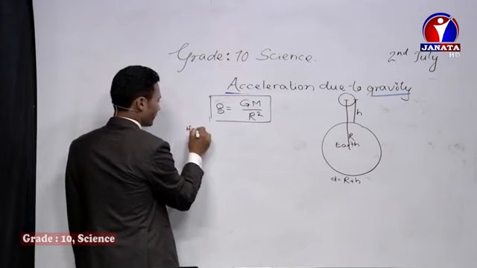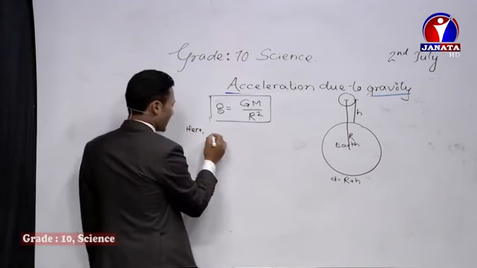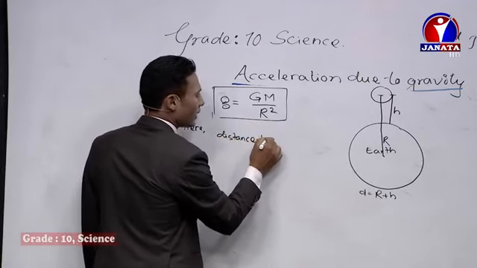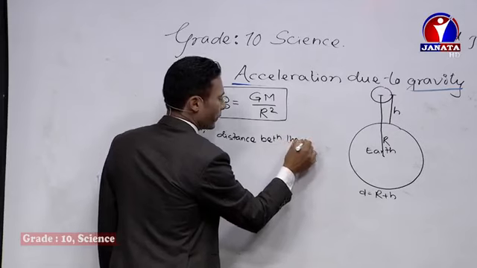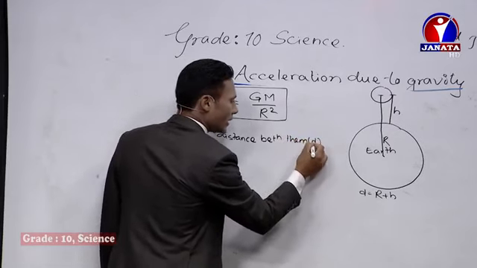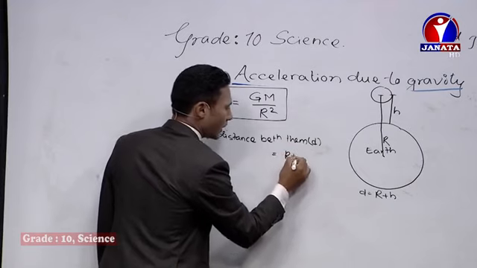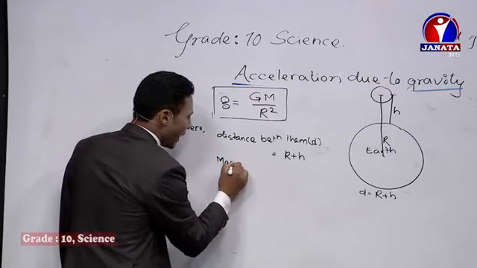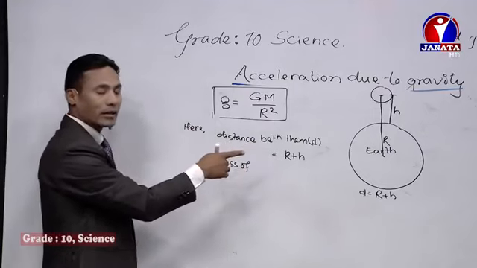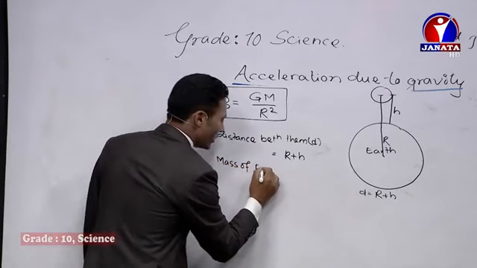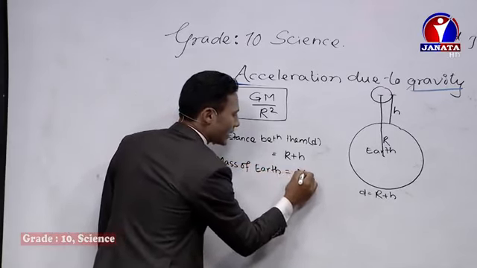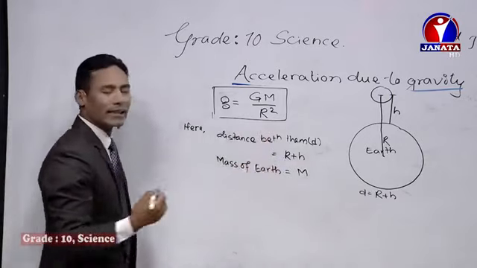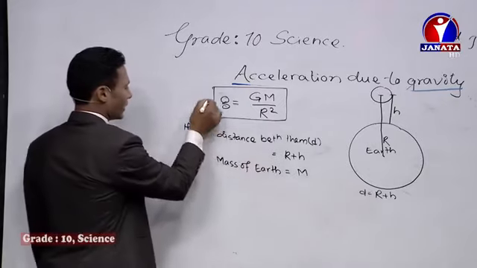Here the distance between them, if I represent it as d, is r plus h. Then the mass of the heavenly body, here we have taken the earth, so the mass of earth is, let's say, capital M. And let's say the mass of the small object is small m, no problem, but I'm deriving directly from this.